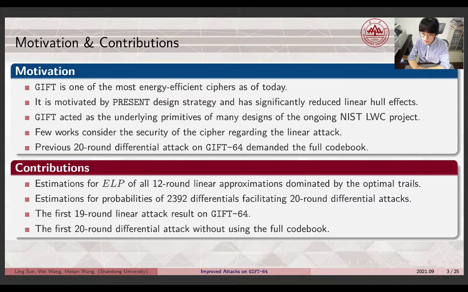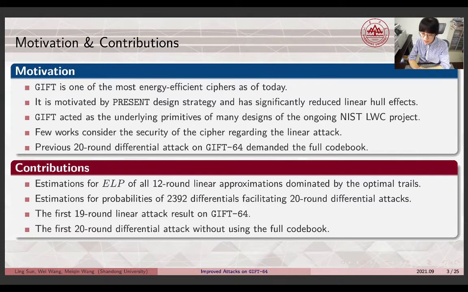The contribution of this attack can be divided into 4 parts. Firstly, to facilitate the selection of linear distinguisher in the attack, we estimate expected linear potentials of all 12-round linear approximations, with dominating trails being the optimal ones.